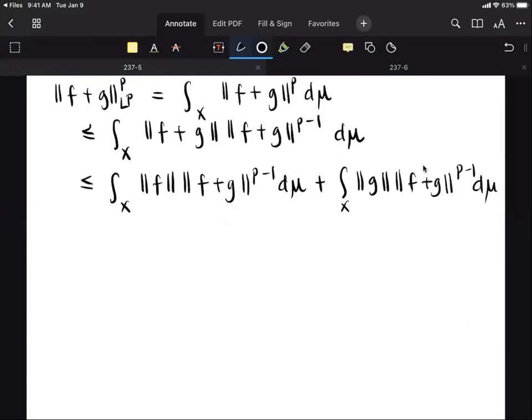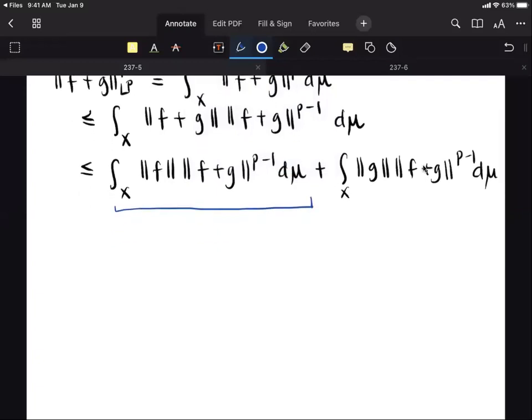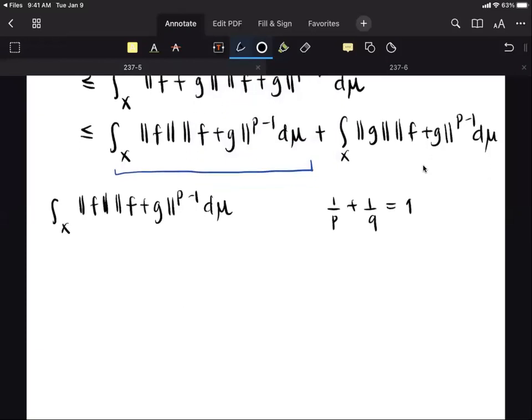Let us concentrate on the first term. Let us consider this one, and write that down. So we copy this term, and in here, we apply Holder's inequality. Of course, q is the conjugate of p.